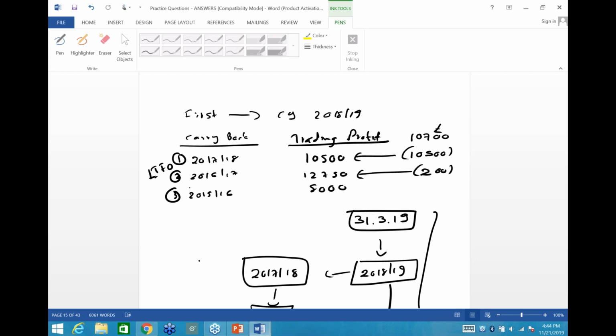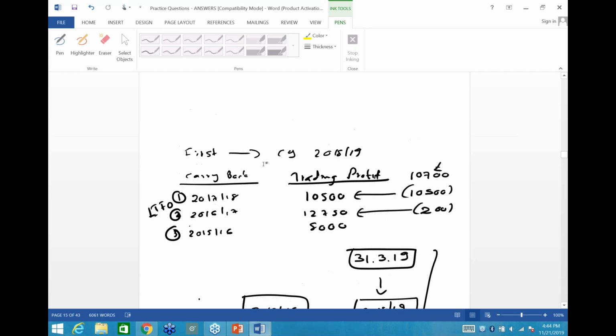Now, if you use the terminal loss relief, 17-18 against this 10,500, you can set off 10,500 of the terminal loss. Now, other than this trading profit, Mr. Tapp has only one other income, that is 2,300 savings income.